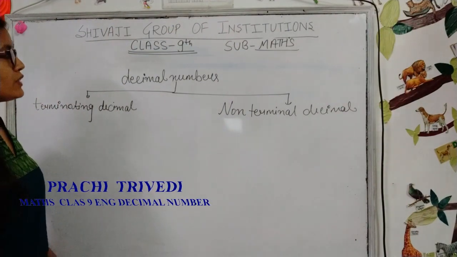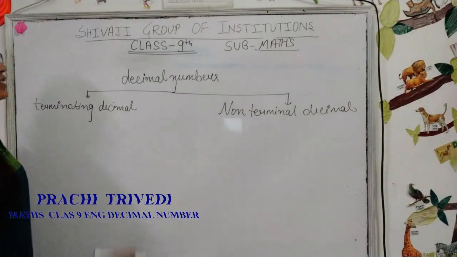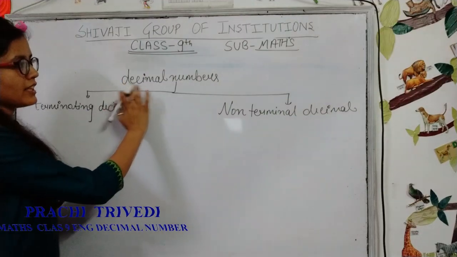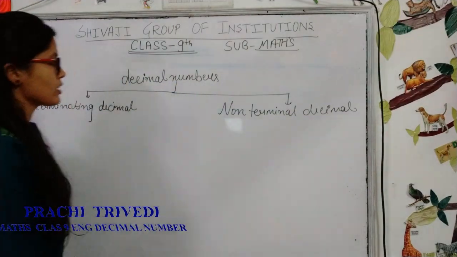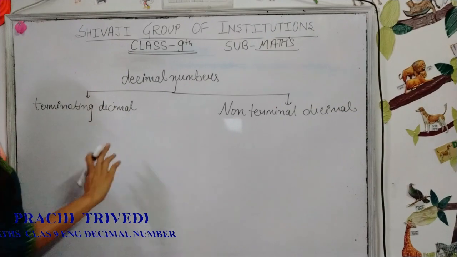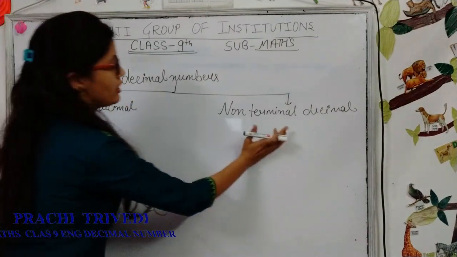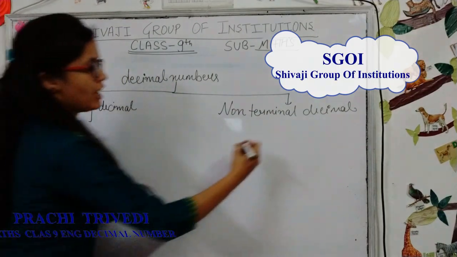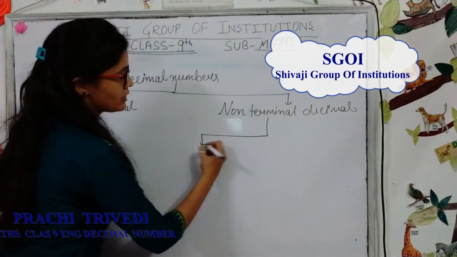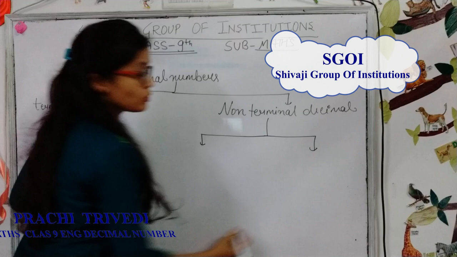Students, in the previous video, we had discussed decimal numbers. Decimal numbers are actually of 3 types. Firstly, terminating decimal, and non-terminating decimal. We can divide non-terminating decimals into 2 types.